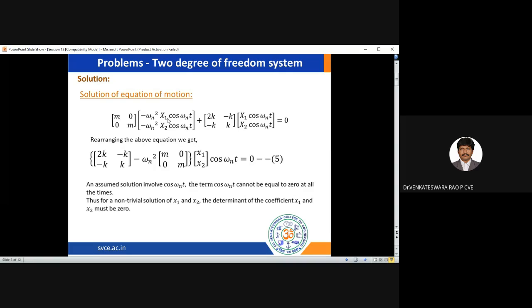Similarly, x2 cos omega nt is a common factor for both the mass matrix multiplication as well as the stiffness matrix multiplication. So you can take it outside here.